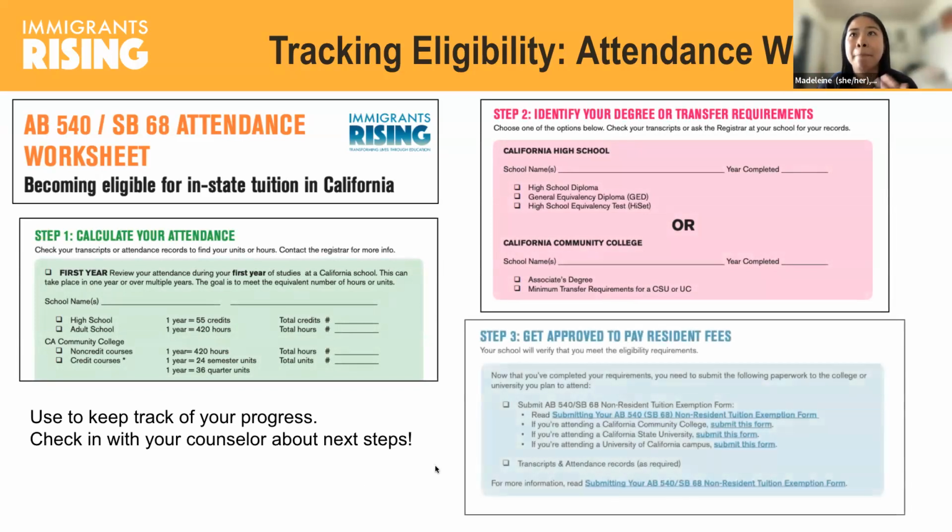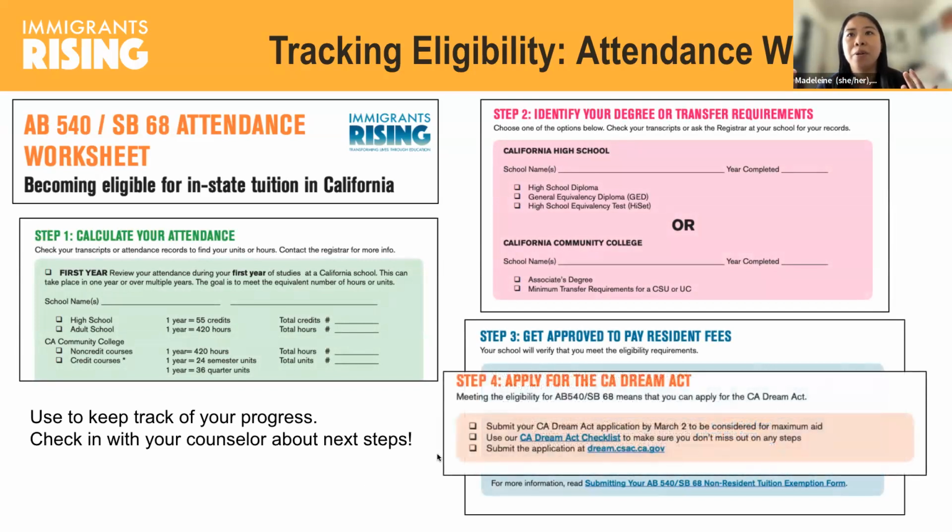It has a really great reminder about submitting the AB 540 affidavits and any other documentation required, and another reminder about the California Dream Act for folks to take advantage of if they are eligible for AB 540.